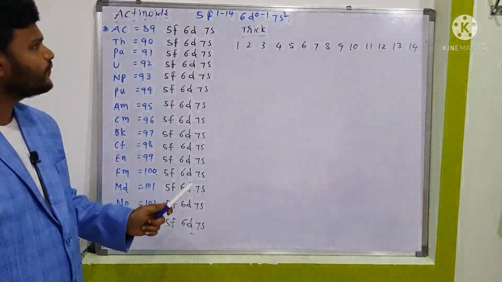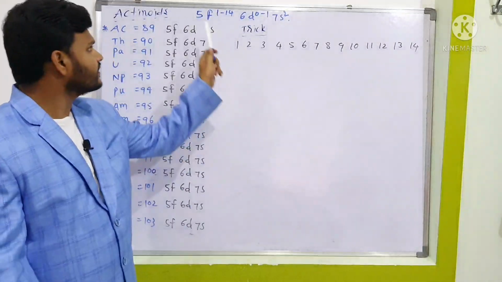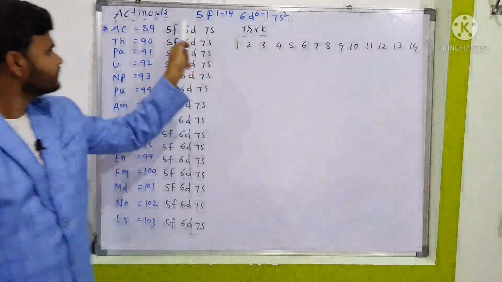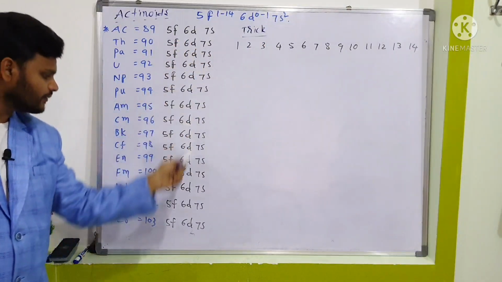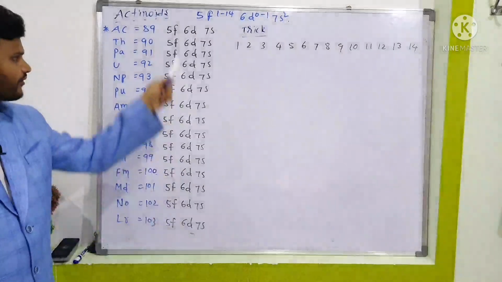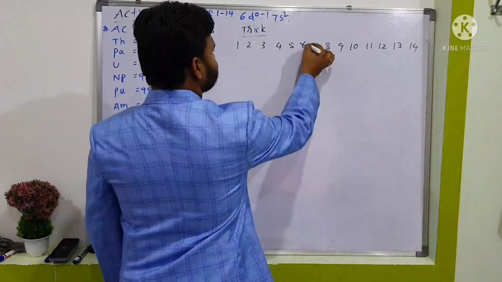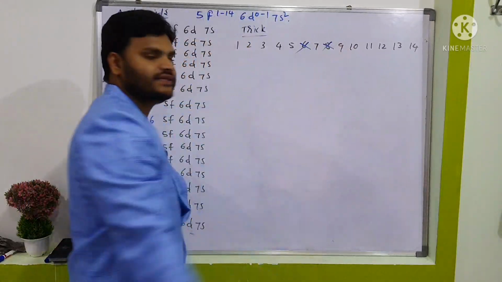So first what should you do? First you have to write the basic units, 5f 6d 7s, 5f 6d 7s up to lawrencium. You have to write like that. Next, what is the trick? Don't consider 6 and 8.